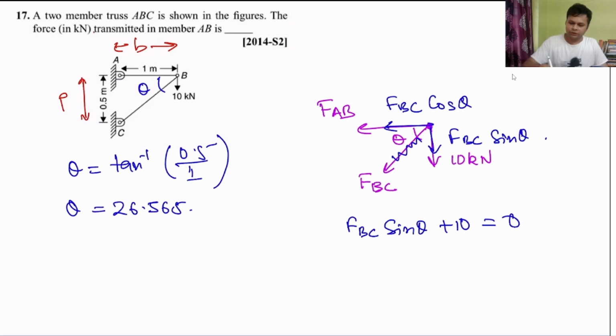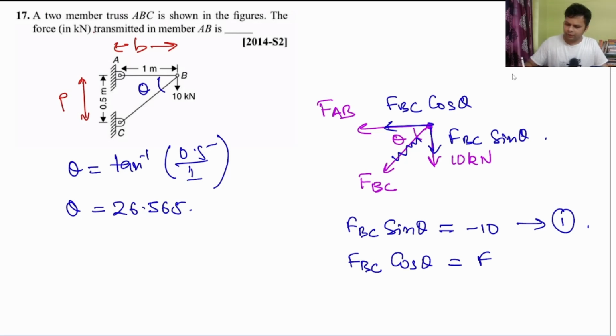So I am writing this as FBC sin theta is equal to minus 10. Similarly, FBC cos theta is equal to minus of FAB.